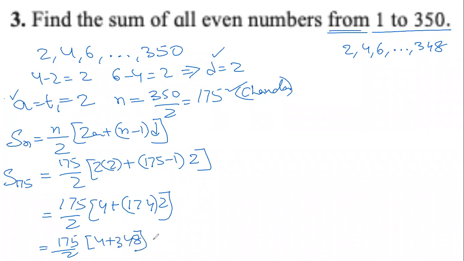Now that will become 175 divided by 2 into 348 plus 4, which is 352. Now when we divide, 175 divided by 2 will get into a decimal number, but 352 divided by 2 will not be a decimal number, it will be 176. And when you multiply this, you should get 30800.